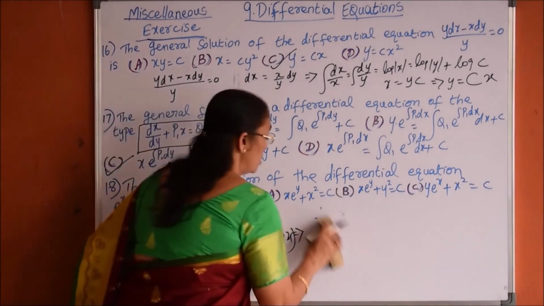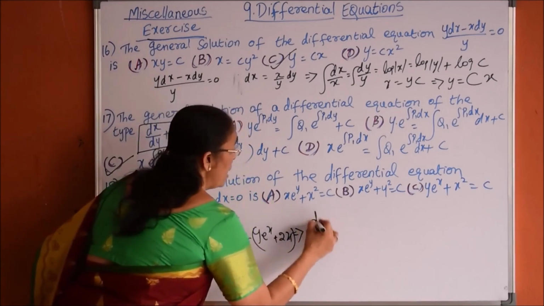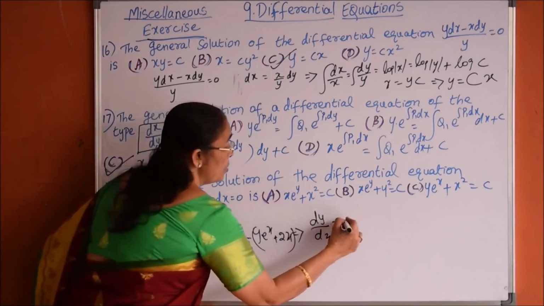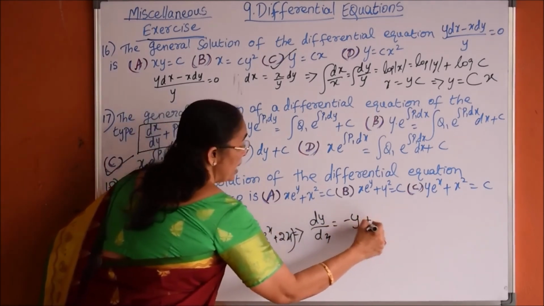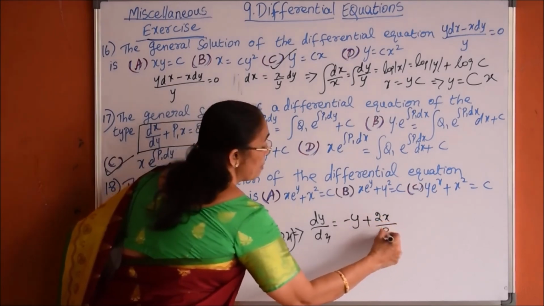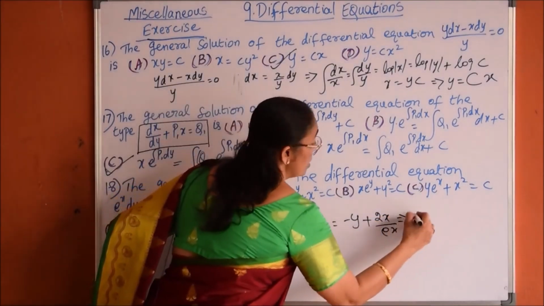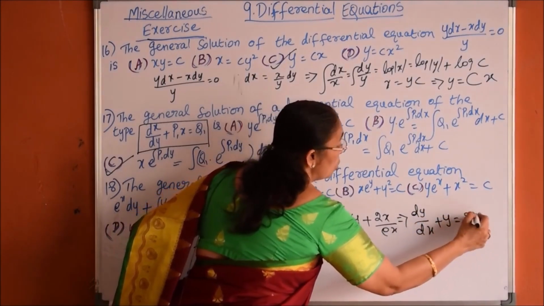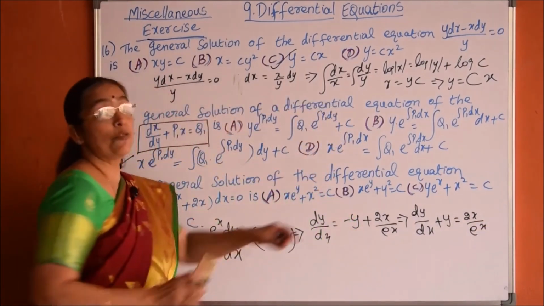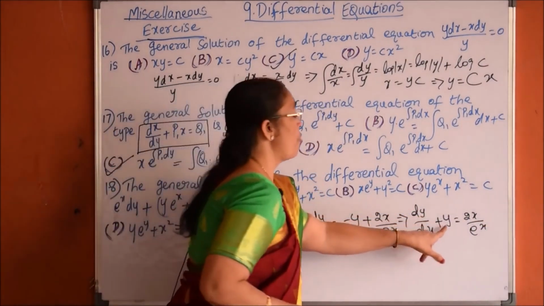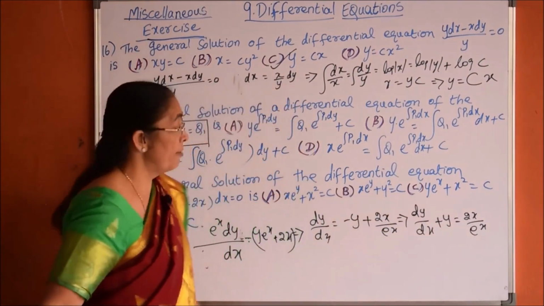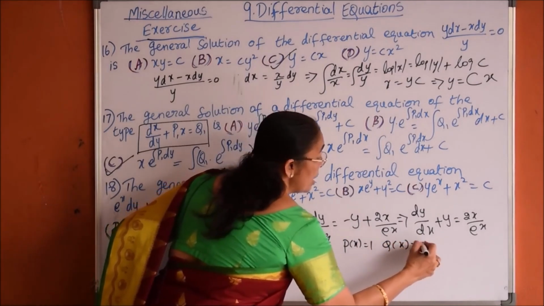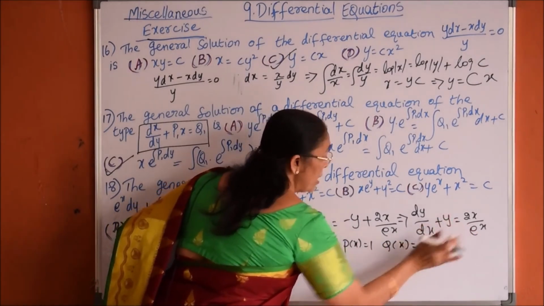So we will get dy by dx equals minus (y plus 2x divided by e power x). So this can be arranged as dy by dx plus y is equal to 2x divided by e power x. It is in the form of dy by dx plus p of x into y is equal to q of x, where our p of x is nothing but 1 and q of x is 2x divided by e power x.